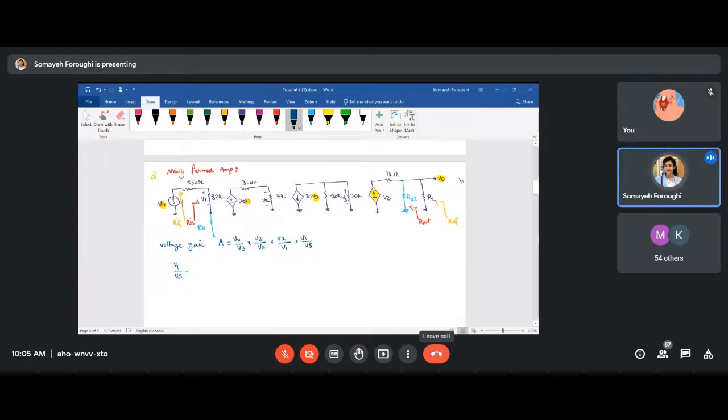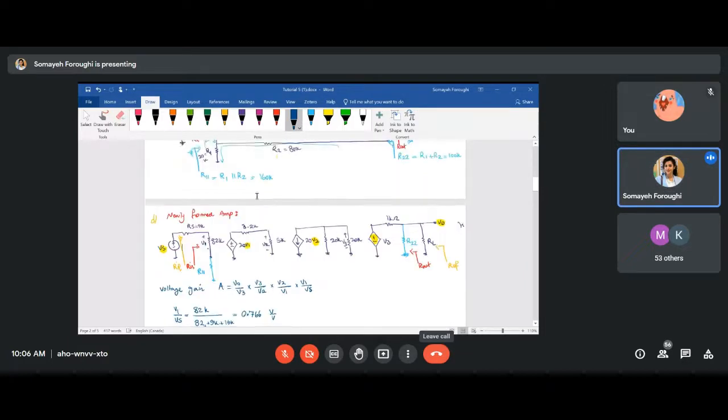So it's like you have 82 kilo ohm divided by Rs, 9 kilo ohm, 82 kilo ohm, and R11, which we found to be 16. If you calculate here, you will have 0.766 volt per volt.